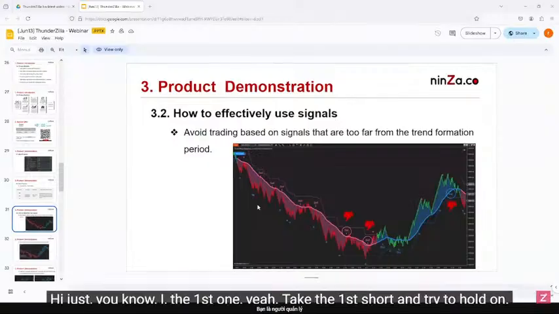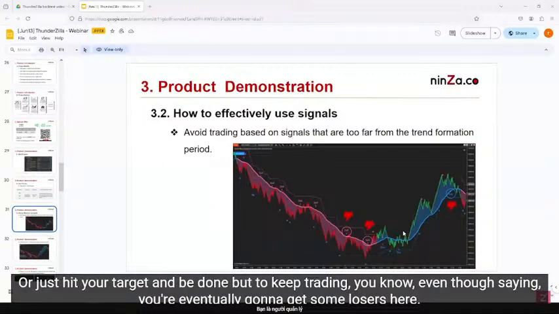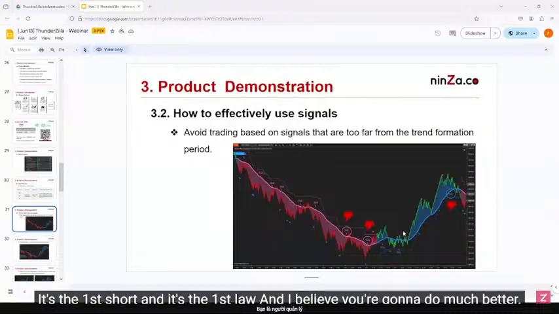But to keep trading, even they're saying here, eventually you're going to get some losers. It's the first short and it's the first long. And I believe you're going to do much better if you just pick the first signal in a given direction. My opinion.